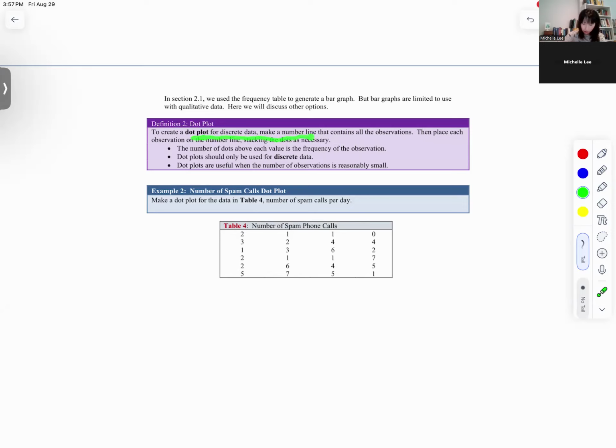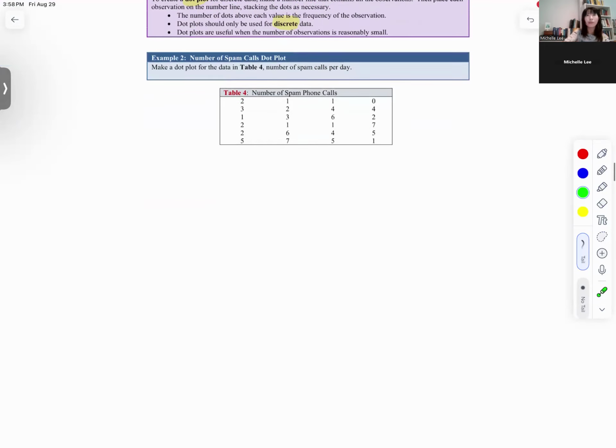Make a number line that contains all the observations, then place each observation on the number line, stacking the dots as necessary. Dot plots are for discrete numerical data. So we have the data set here, number of spam calls every day. All right, let's do it.